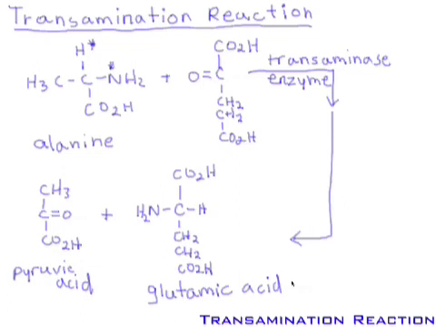Now, it is the keto group that will react with the transaminase after the transaminase has reacted with the amine. Essentially, the transaminase makes an imine with the amine group, and then you get a conversion with the keto acid in the final step to produce the new amino acid.